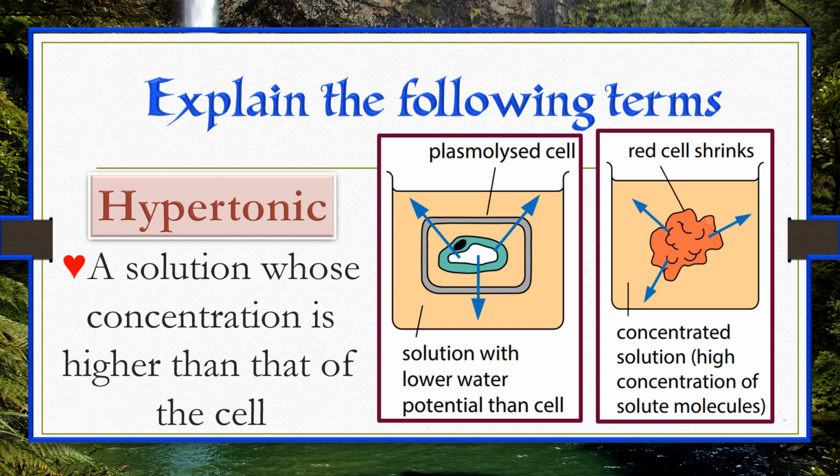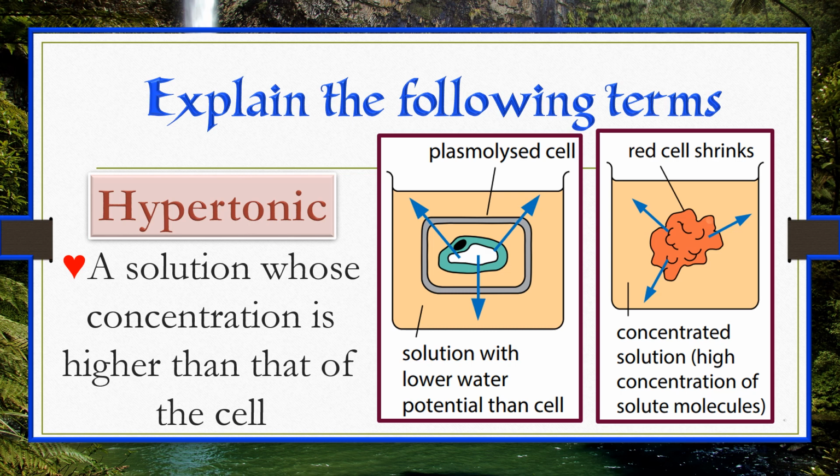In the animal cell, water will move from the cell into the solution in the container because the solution in the container has a high concentration of solute molecules compared to the solution in the red blood cell.